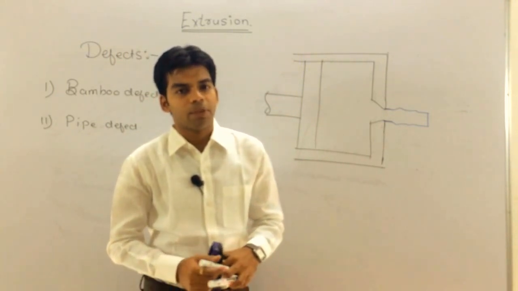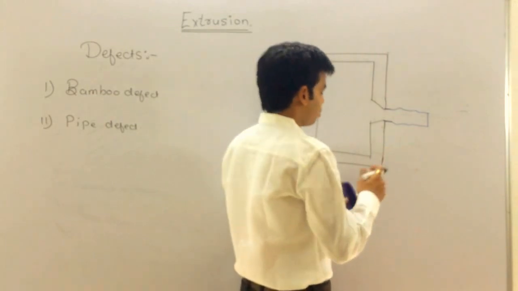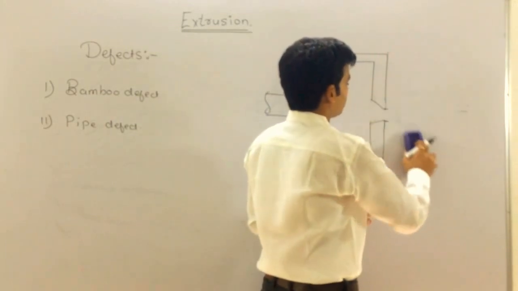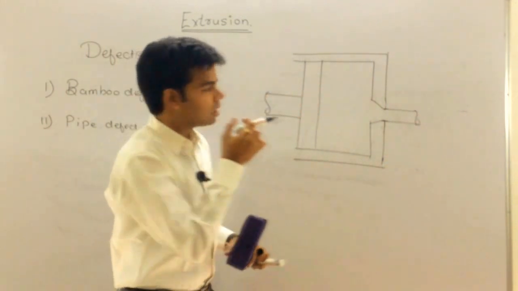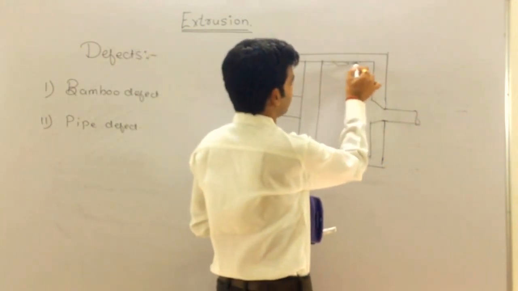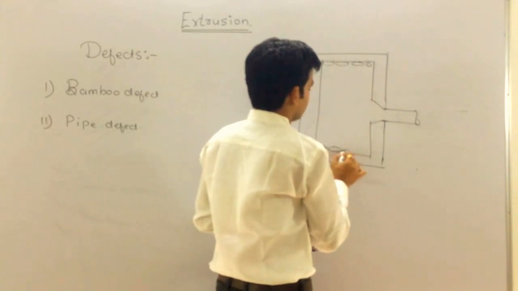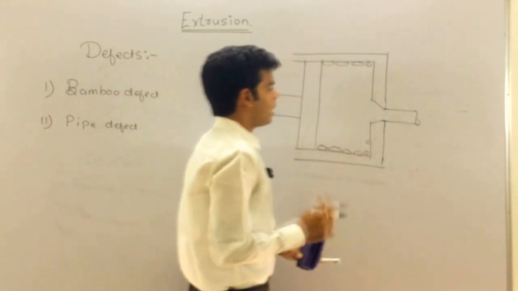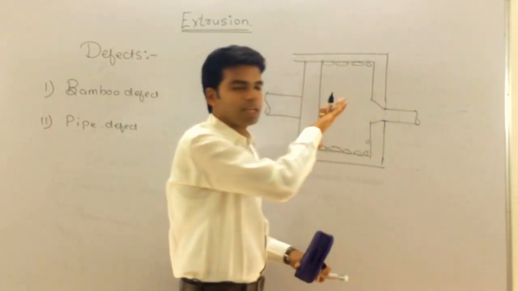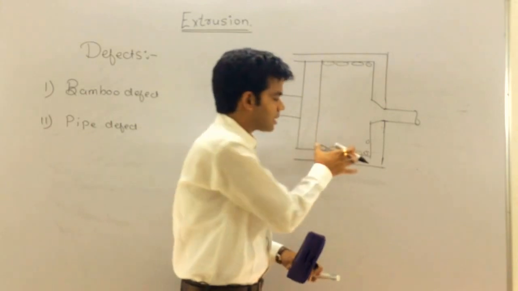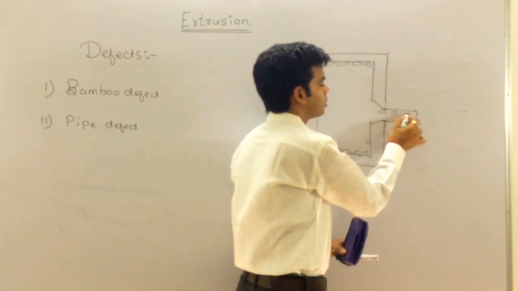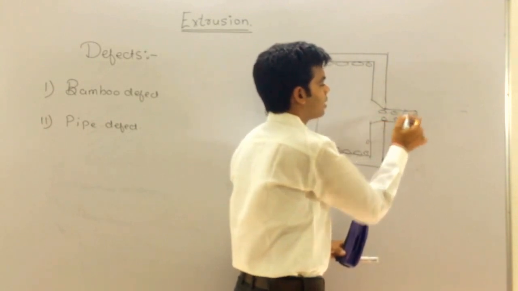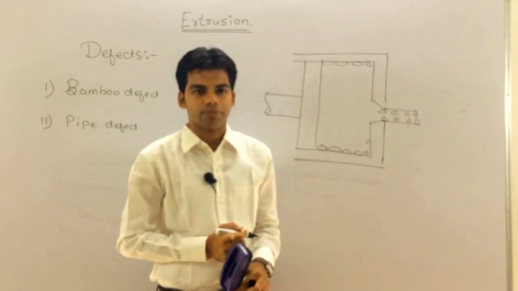Second defect is the pipe defect. Now, what is a pipe defect? As we know, when we cast the material and make a billet out of it, we have certain scales in that casted material. When we are applying a force on this billet, these scales will come in the form of air holes in the final extruded component, like this.